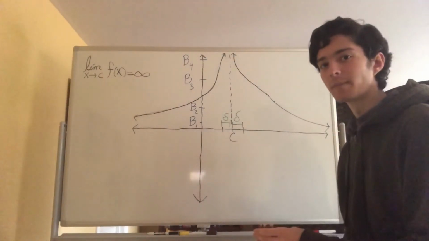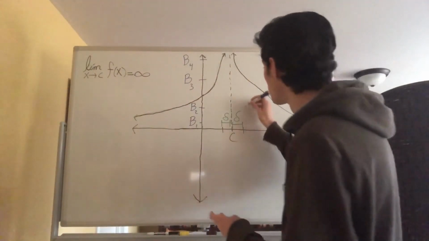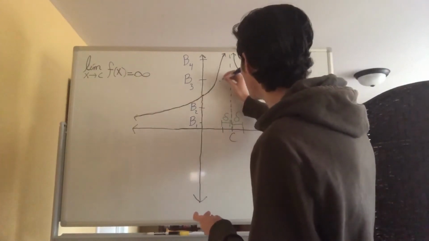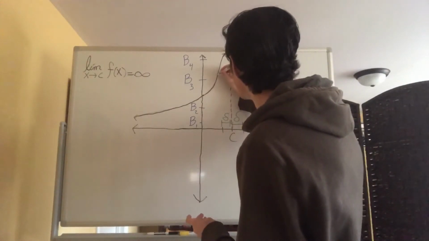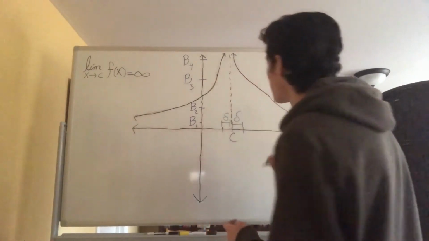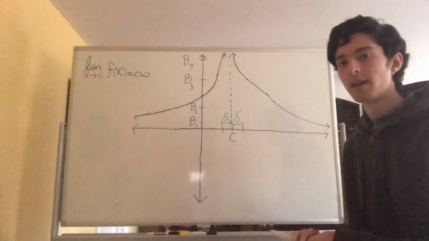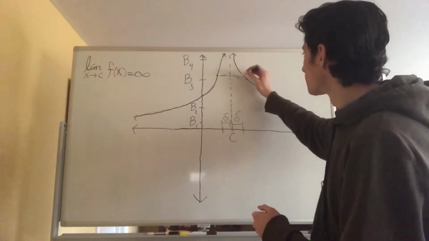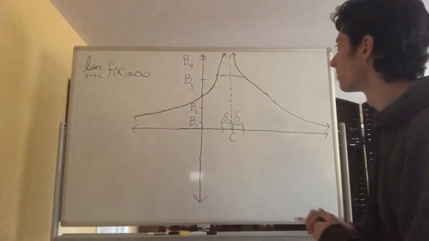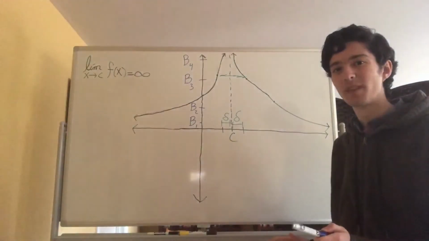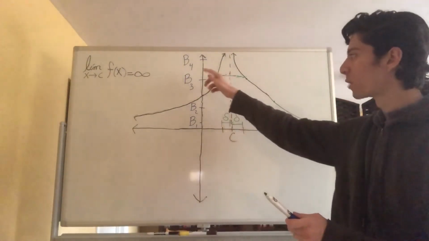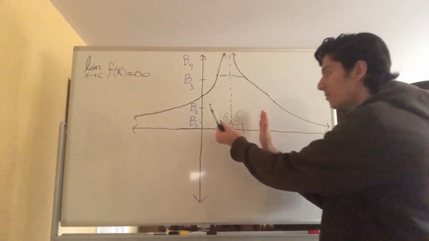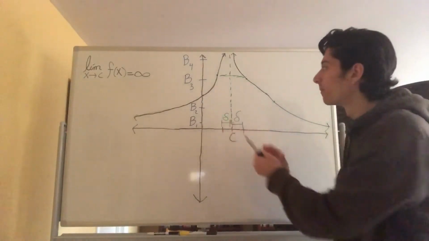And so we see from here, our f of x values go from here to here. And so we see in this range of x values that the value of f of x will always be greater than this b because we've restricted it to be within this width.